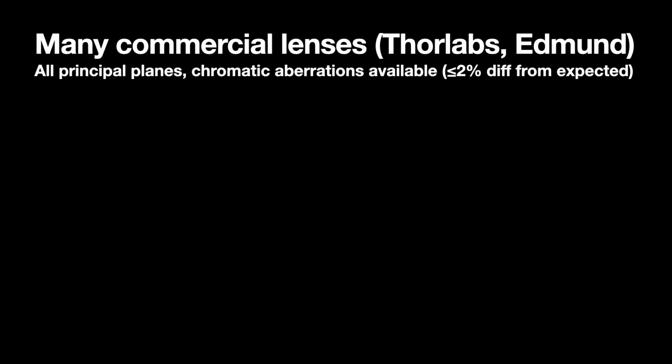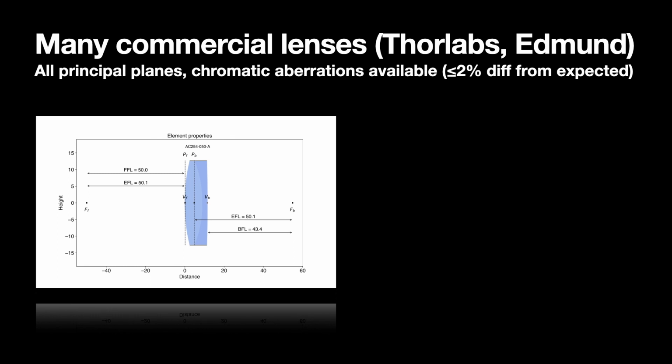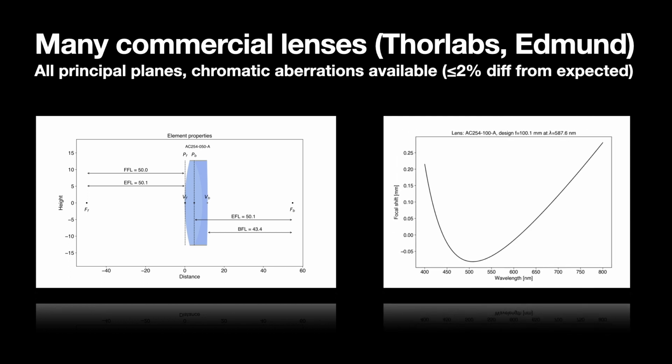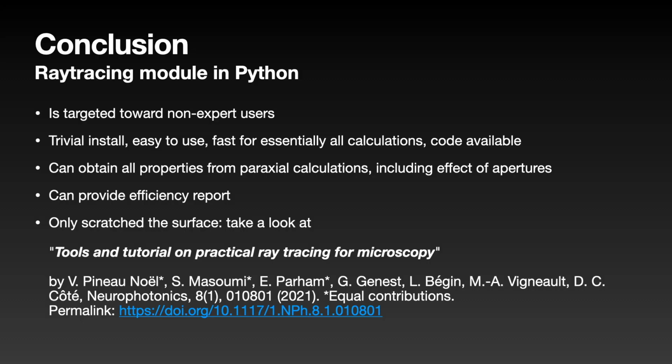But if we hit display on these elements, we get a graph of the element with its front focal length, back focal length, principal planes, etc. We can also get the chromatic aberration graph because we are computing all properties directly from materials, not from a fixed index of refraction.